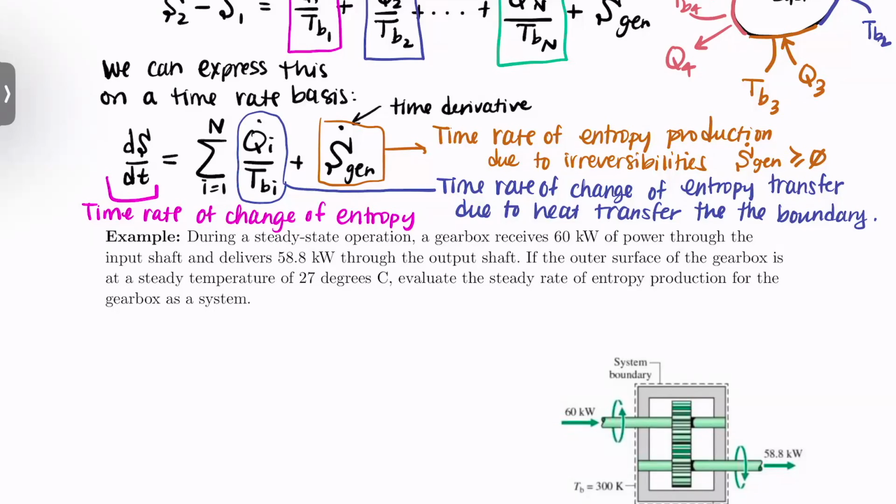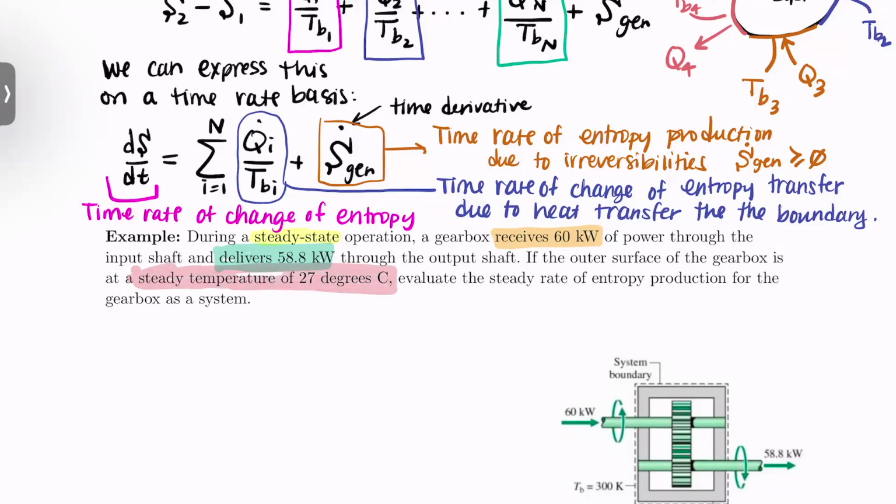All right, let's mark up this problem statement and see what we have here. We are given our W dot in. We are given W dot out. We're told that this is a steady state operation, which is useful to us. And we are also told that we have a steady temperature of 27 degrees all along the outside.